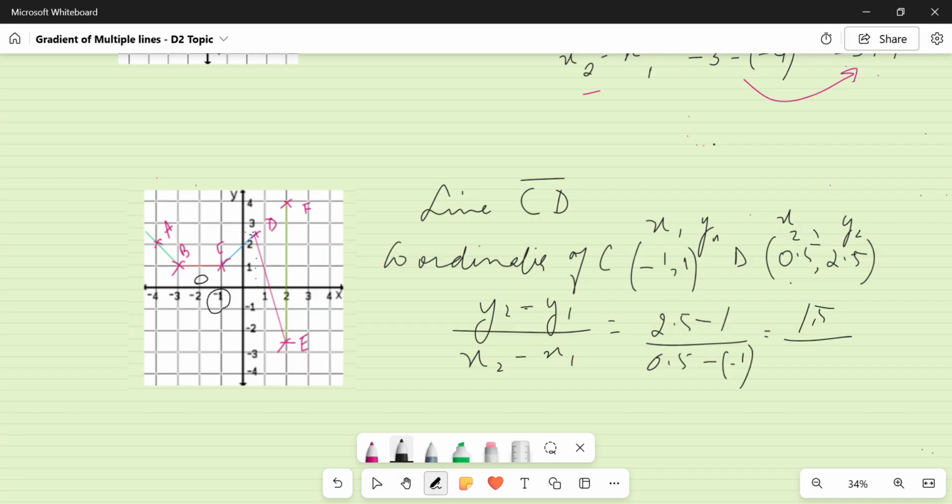So it gives you 1.5, right? Now I can cancel it. 1.5, 1.5 and gives you 1. So the gradient of line CD is 1 here. Understood?